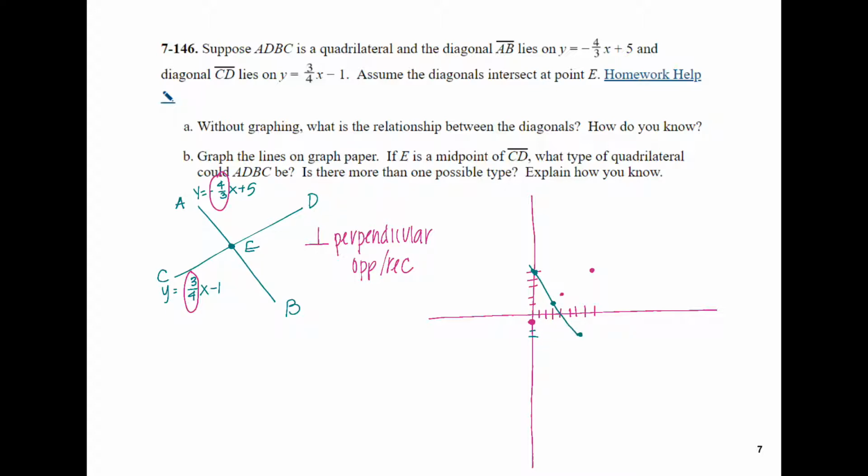Looking at these, we can make a couple of different observations. We know that our lines are perpendicular based on our slopes.